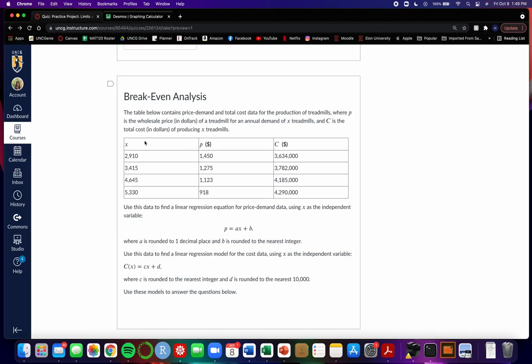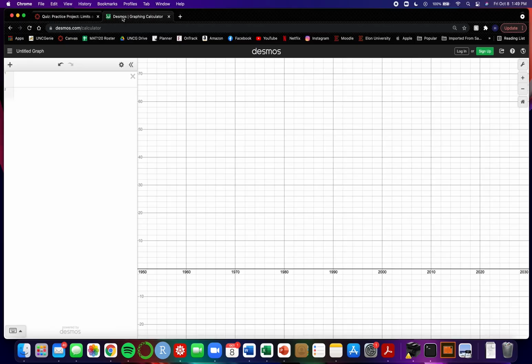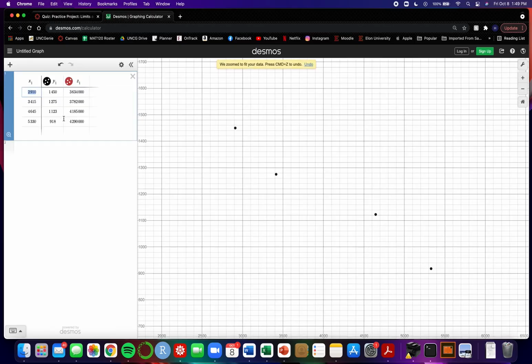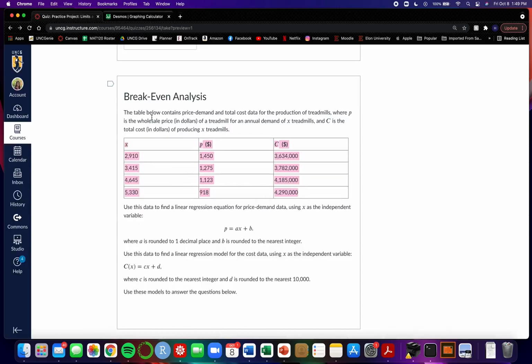So I'm going to grab the data and I'm going to just dump it right into Desmos. It auto-generates it, which is nice. And so what do we want? So we want to find a linear regression for the price demand, and then we also want a linear regression for the cost. Okay. So I'm gonna rename this.